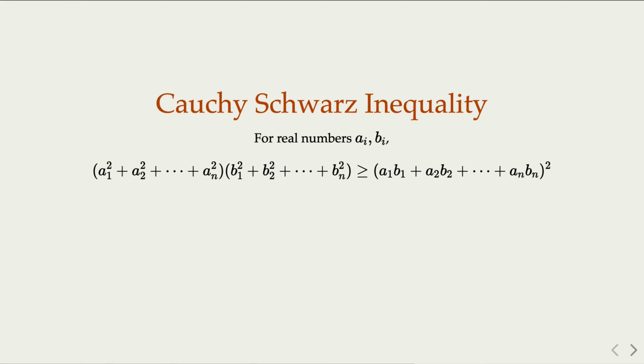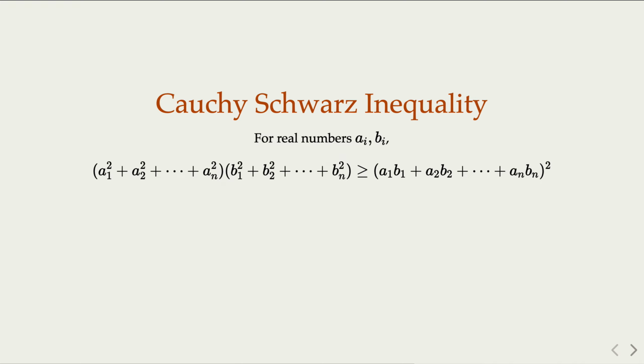What it says is that if you have two sequences of numbers a_i and b_i, then the sum of squares of a_i times the sum of squares of b_i is always greater than or equal to the inner product type of thing squared, right? As a matter of fact, if you learn vector algebra, there's another form of the inequality in that form.